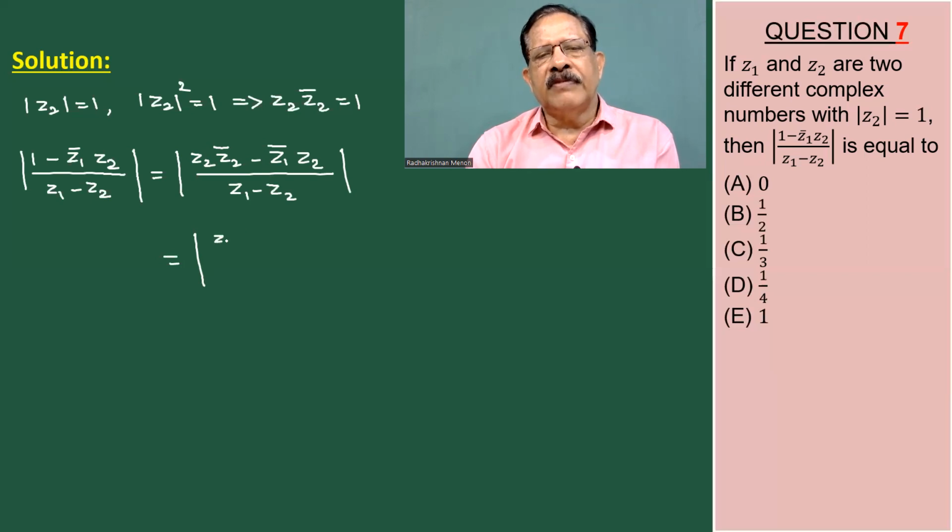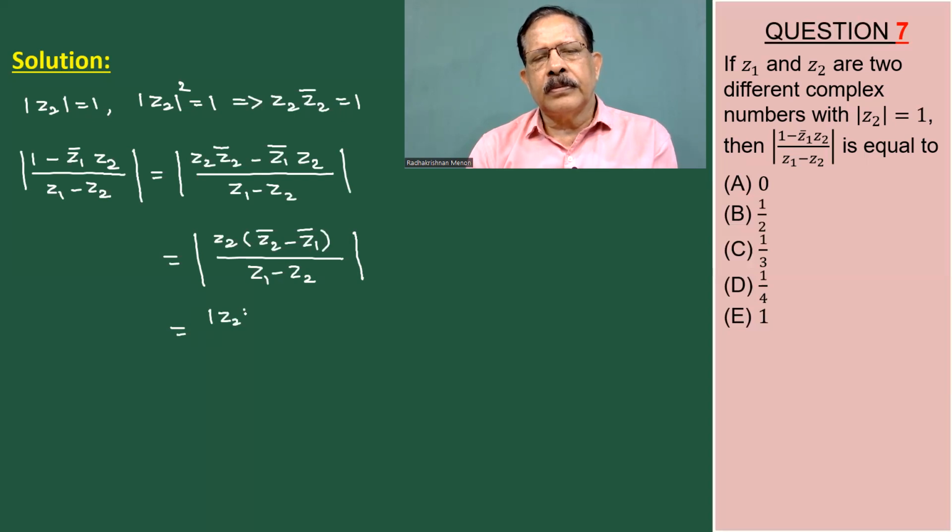Z2 is a common factor, so it is Z2 bar minus Z1 bar by Z1 minus Z2. Now, by using properties of complex numbers, we can separate this. So in the numerator, we are getting mod Z2 into mod Z2 bar minus Z1 bar, divided by modulus Z1 minus Z2.